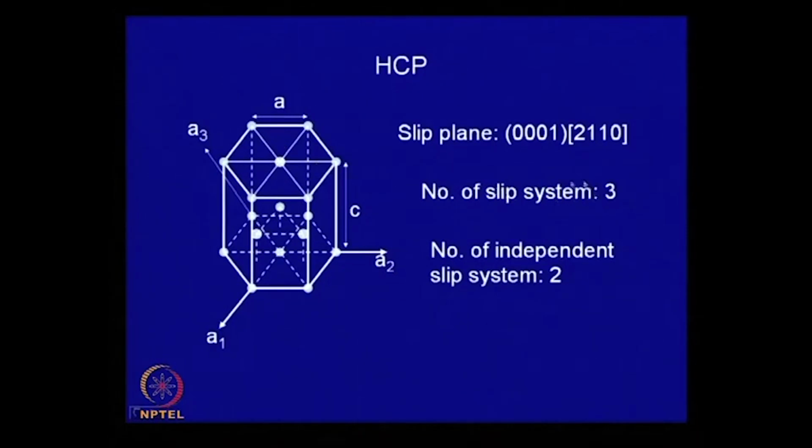So, the number of slip systems here is 1 plane and 3 slip directions, but you will actually find that the third slip direction, say this is one direction, this is another slip direction, this is the third direction, but if you add this and this, you get this direction. That means, all these 3 systems are not independent, actually there are only 2 independent slip systems. So, this is quite important to know.